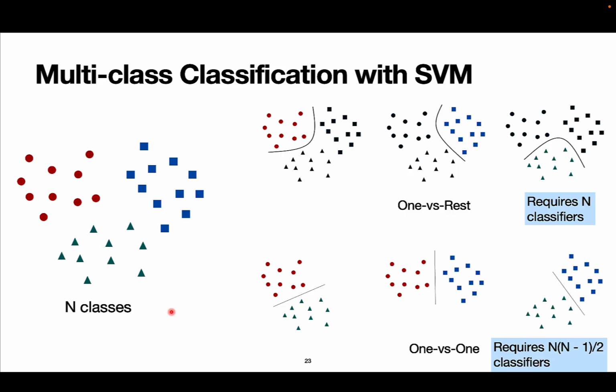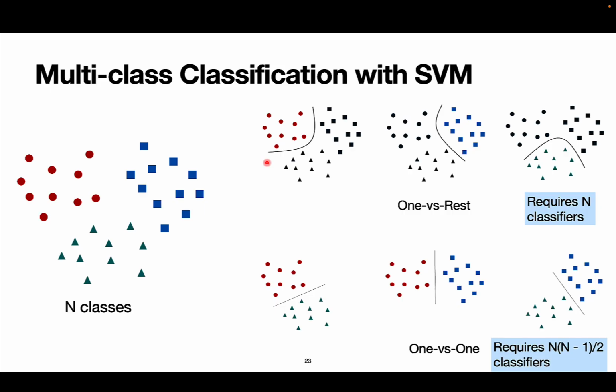So far, we discussed SVM with two-class classification problems. Still, SVMs can be generalized to solve multi-class classification problems. One approach is one versus rest, which means for each class, we train a classifier that separates that class from all others combined, which means for n classes, there are going to be n classifiers. Then at prediction time, we evaluate all classifiers and assign the class with the strongest response.